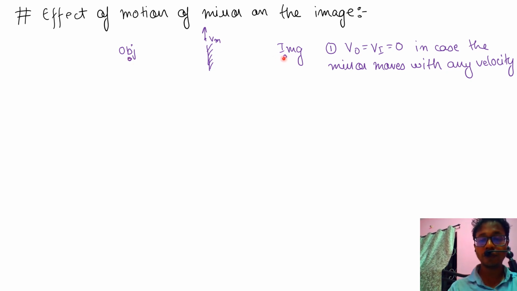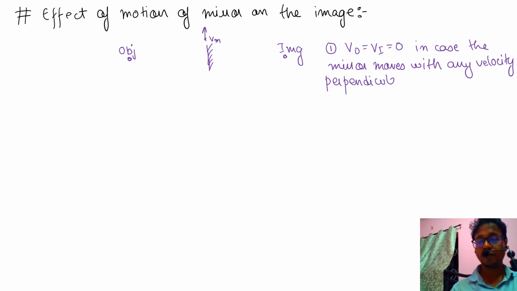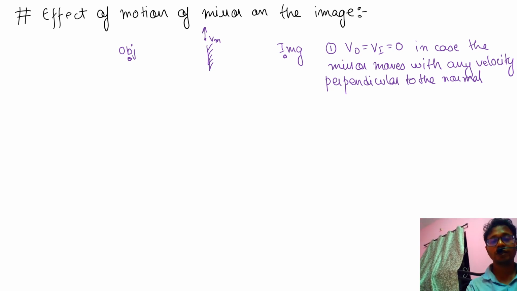The image won't be going anywhere, only the field of view will be changing if the mirror is moving. The virtual image will remain as it is. Understood? That means the mirror moves with velocity perpendicular to the normal.